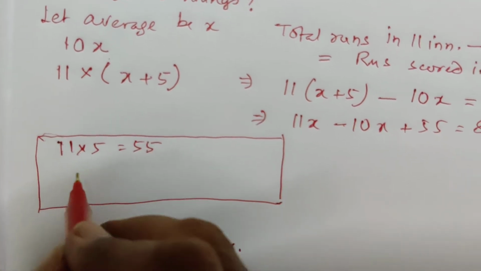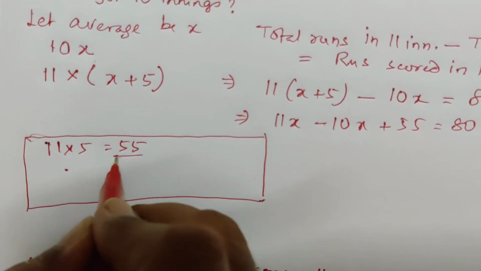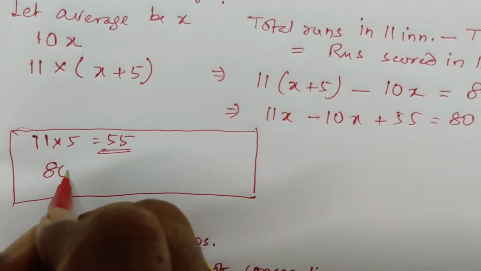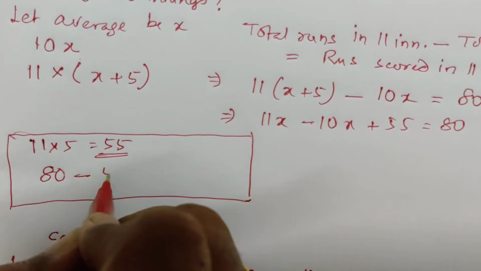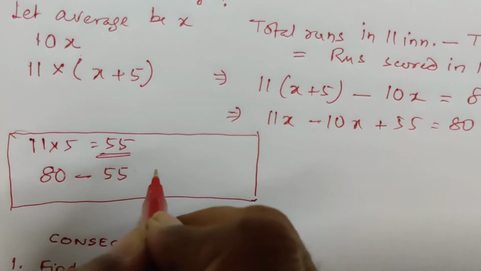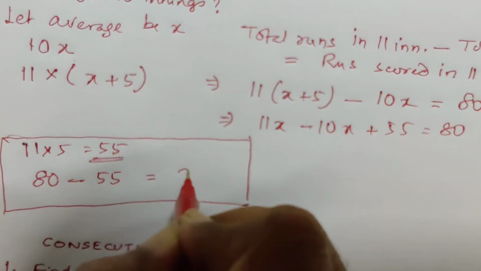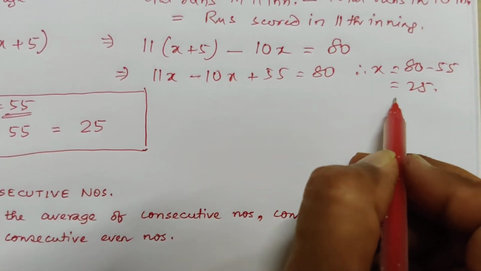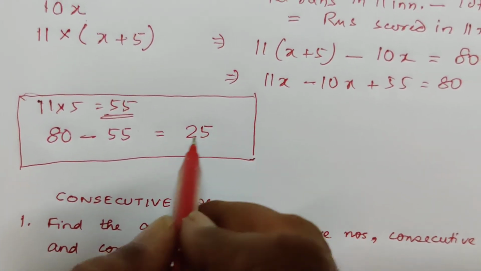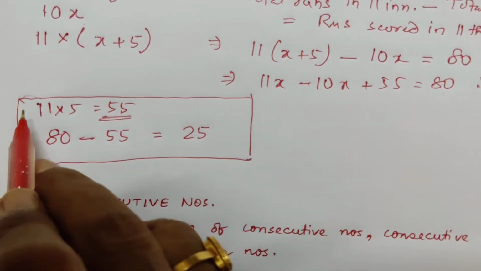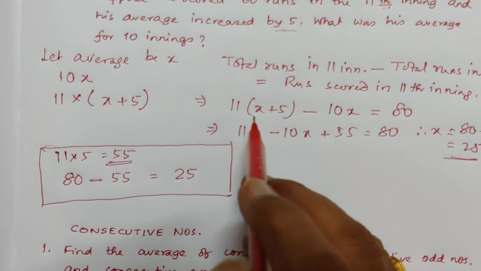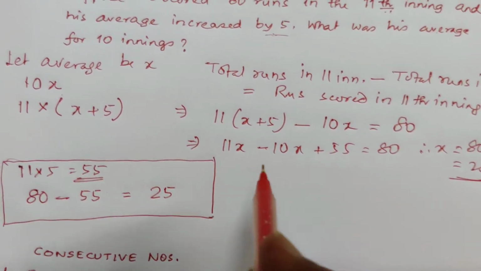So the runs in the 11th match minus the total runs increased in 11 matches is equal to our answer. Here, this is the same as this. So only this much we have to do instead of doing so much. Is this formula helpful? Isn't it?